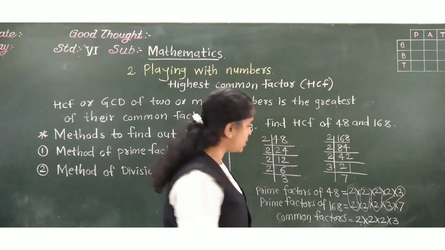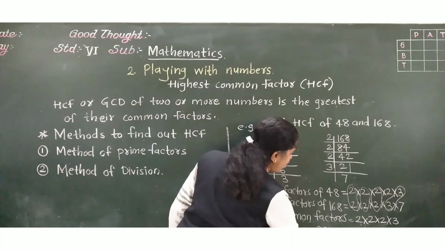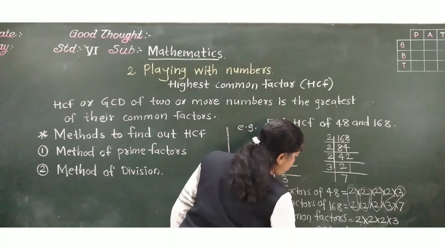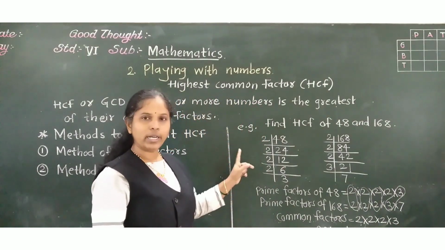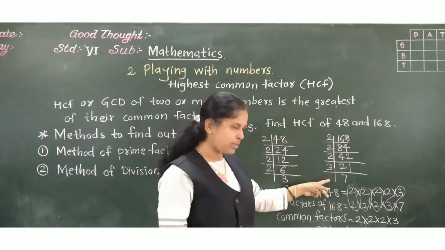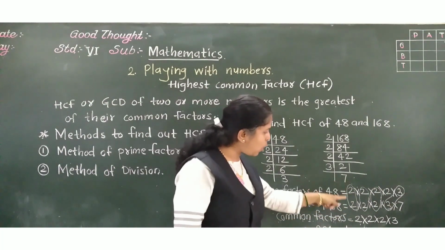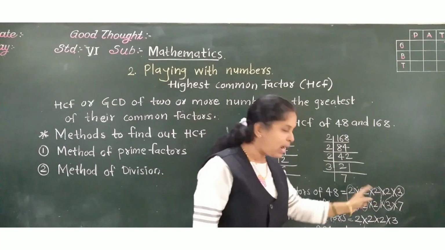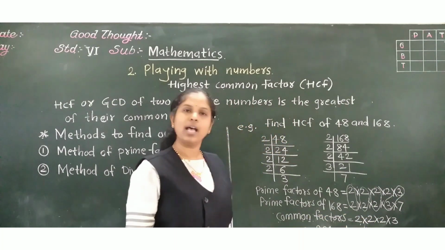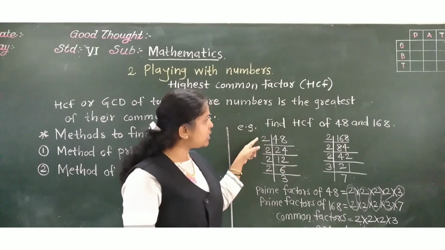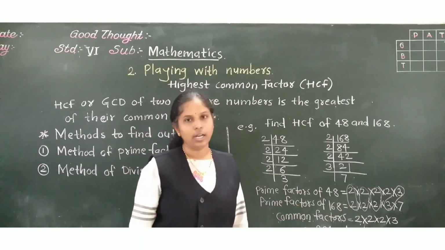Therefore the HCF of 48 and 168 is 24. Understand how to find it? What did I do? First find the prime factors, then write them in the form of a product. After that find the common factors, write those common factors again in the form of a product and multiply, and you will get the answer. So the HCF of 48 and 168 is 24. The highest common factor is 24.